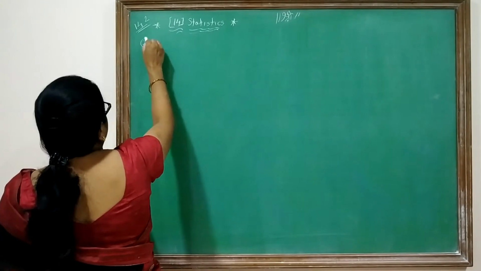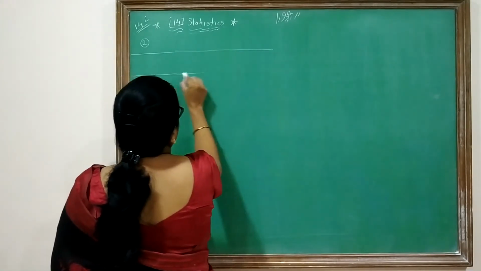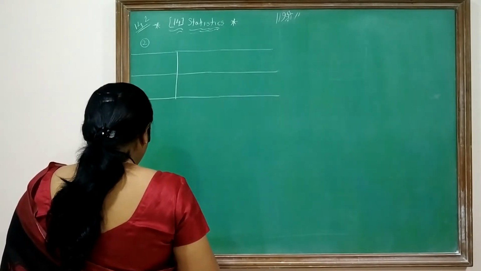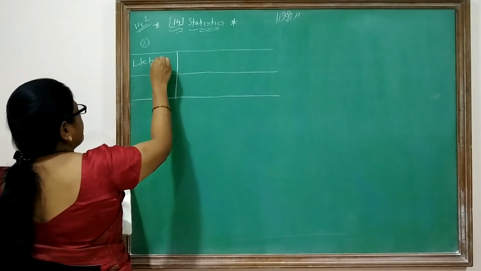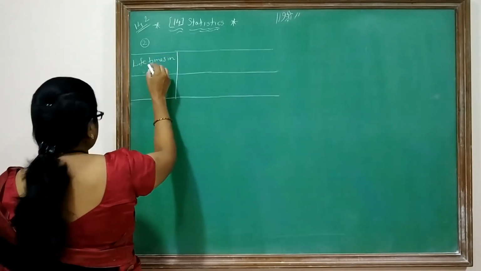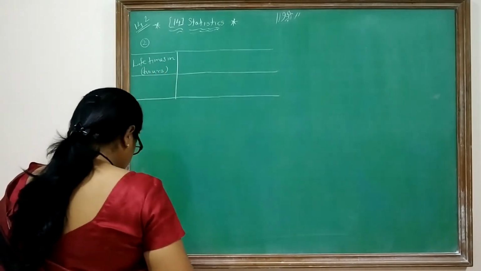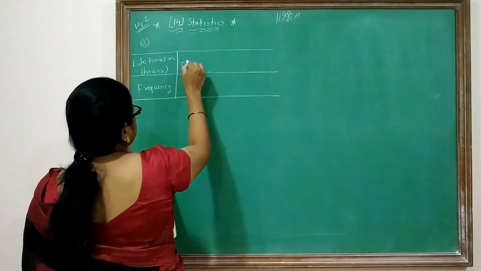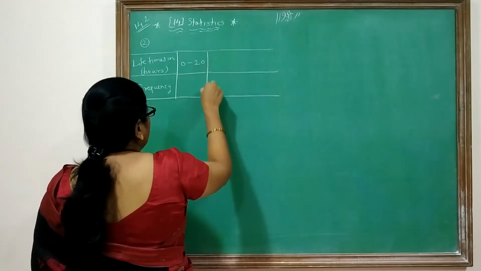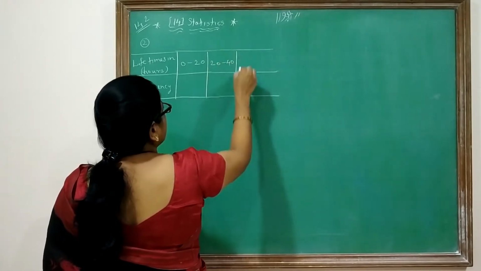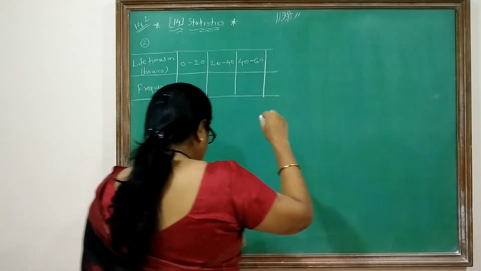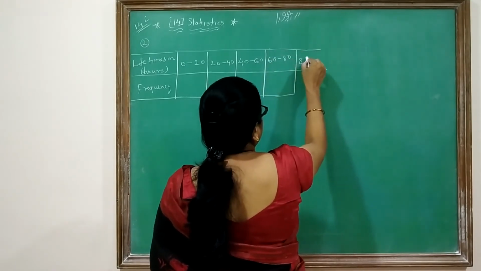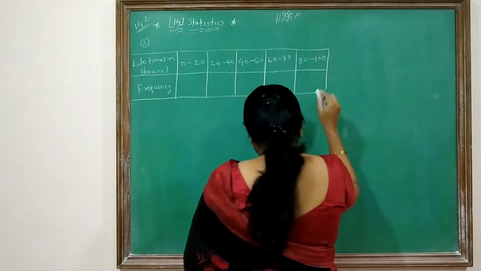Then draw this table: lifetimes in hours and frequency. The classes are 0 to 20, 20 to 40, 40 to 60, 60 to 80, 80 to 100, and 100 to 120.